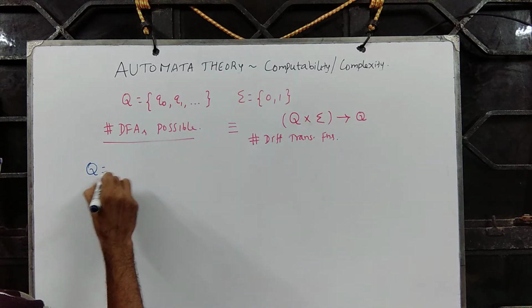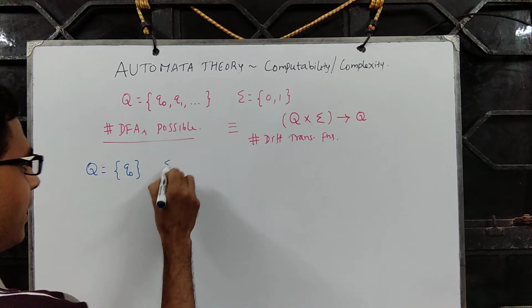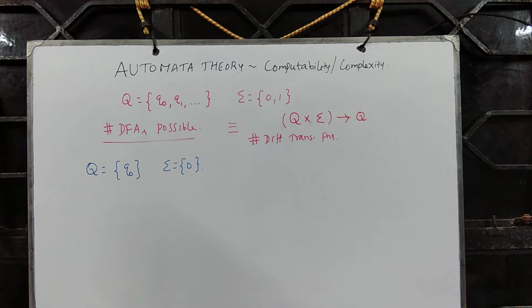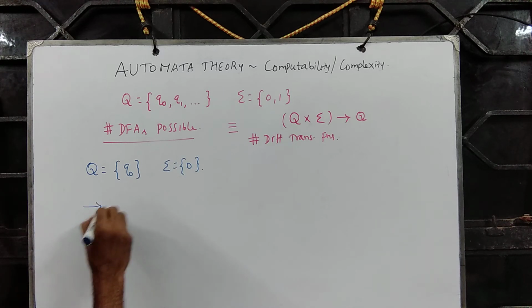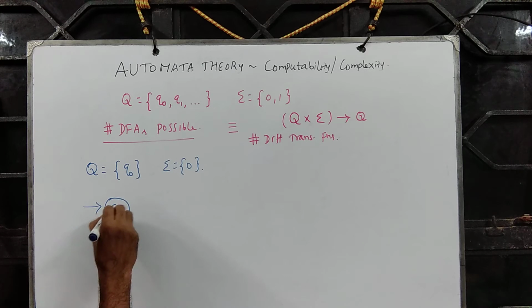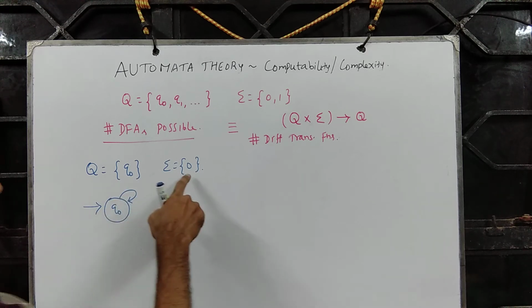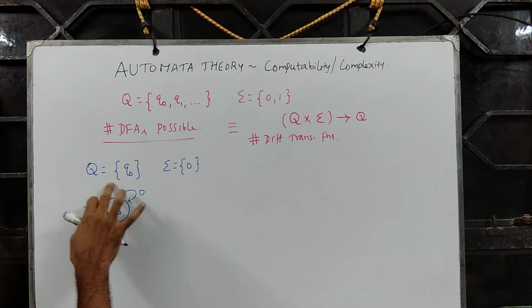Let's assume Q has just Q0 and sigma has just 0. Then on Q0 you read this symbol, and on reading you have to stay in the same state because there are no other states.